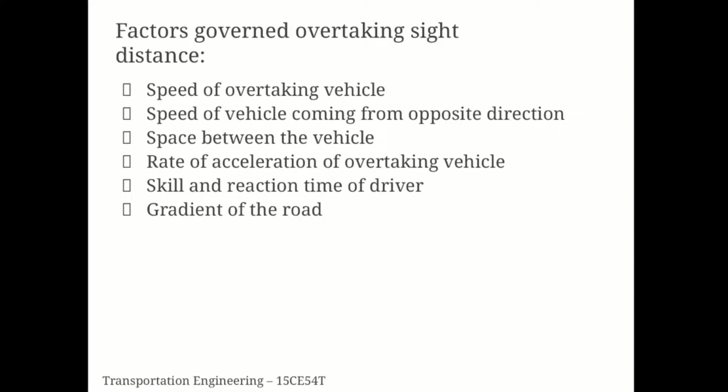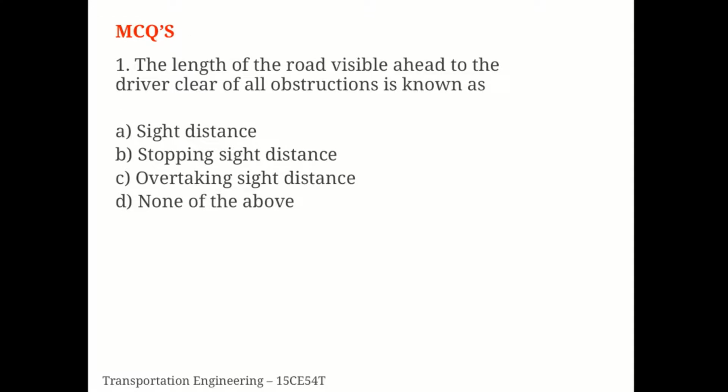Factors governing overtaking sight distance: speed of overtaking vehicle, speed of vehicle coming from the opposite direction, space between the vehicles, rate of acceleration of the overtaking vehicle, skill and reaction time of the driver, and gradient of the road.